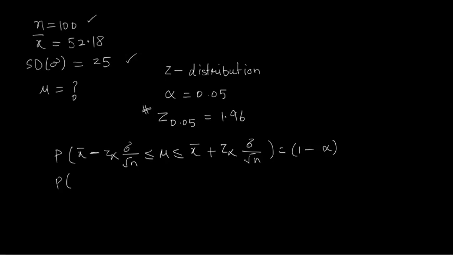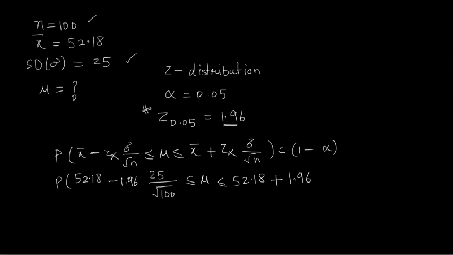X bar is going to be 52.18 minus z alpha, I've already calculated it as 1.96, and that is going to be sigma, that is 25, divided by square root n, which is 100, less than or equal to mu, less than or equal to x bar, again 52.18, plus 1.96, and again a sigma value of 25 divided by square root of 100, and it is 1 minus alpha, so 1 minus 0.05, or I can write it as 0.95.